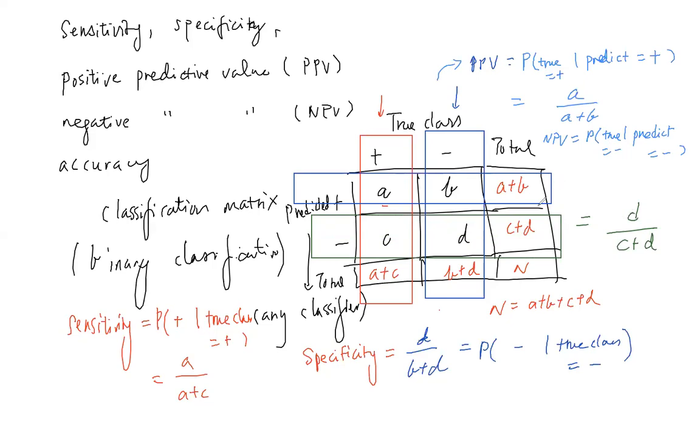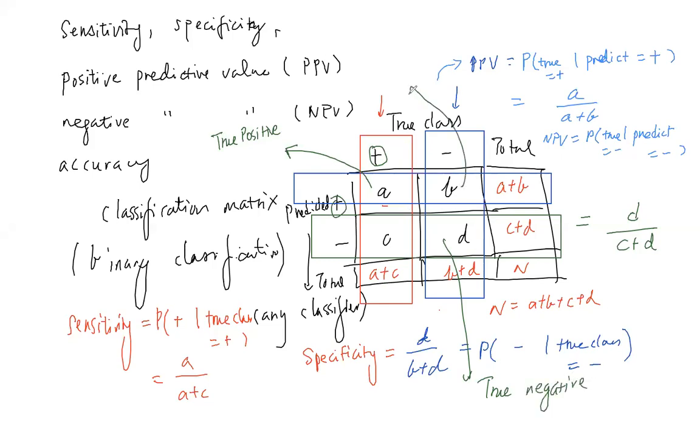Okay. And by the way, this cell here is a true positive, right? When it is plus, you predict as plus. That's a true positive. So when it is negative, you predict as negative, this is a true negative.